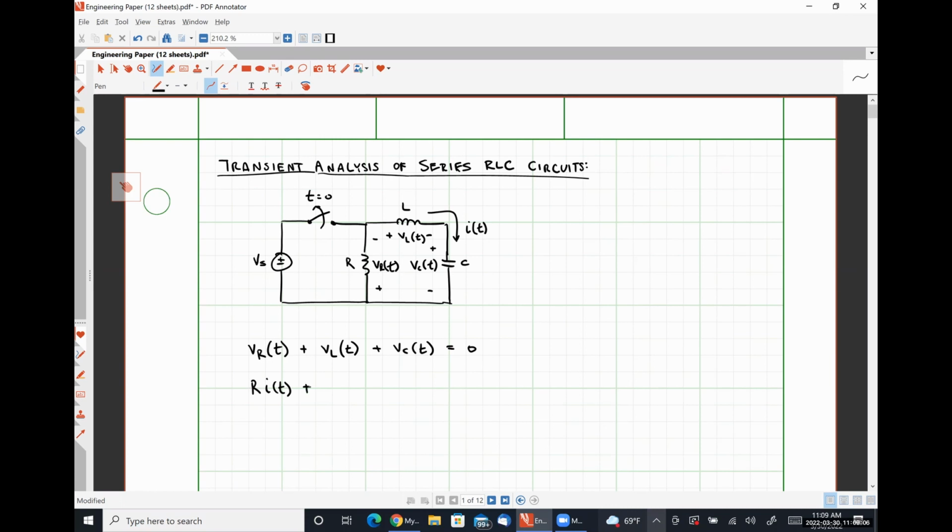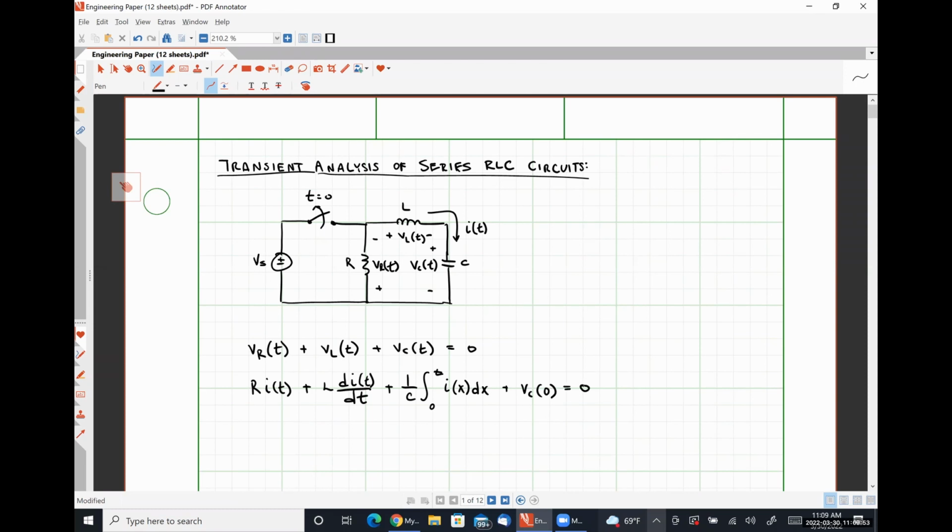The voltage drop over my inductor is L di by dt, and the voltage drop over my capacitor is 1 over C integral from 0 to some later point in time of I of x dx, where x is just a dummy variable for time here, plus Vc at 0.